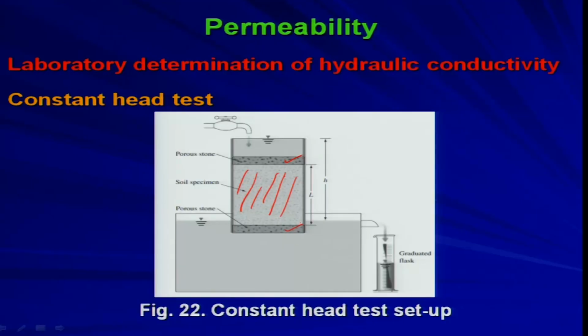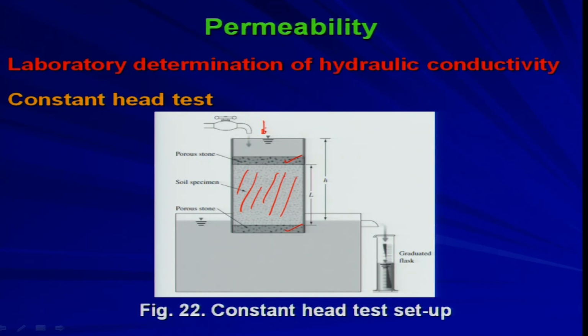So it will act as a screen. Now we put the water on top of this. This is the water level, and we try to maintain a constant water level at that surface.